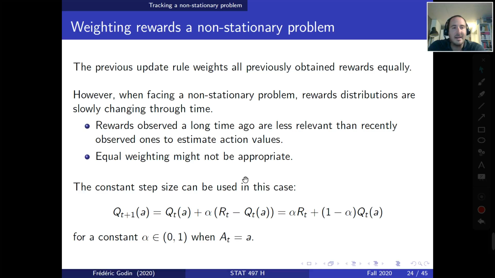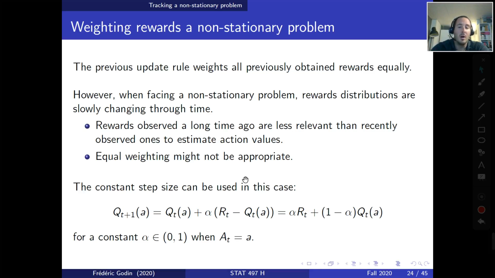In that case, weighting all rewards equally would not make as much sense as for stationary problems. If you have a non-stationary problem where reward distributions vary and fluctuate through time, you might want to give more weight to rewards received more recently.